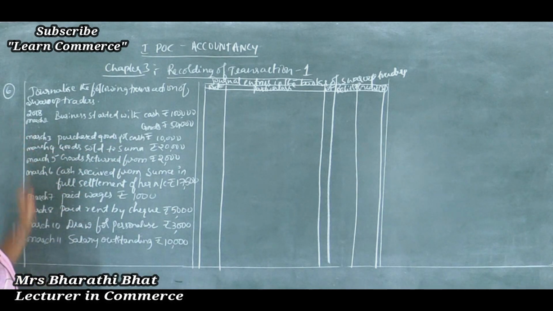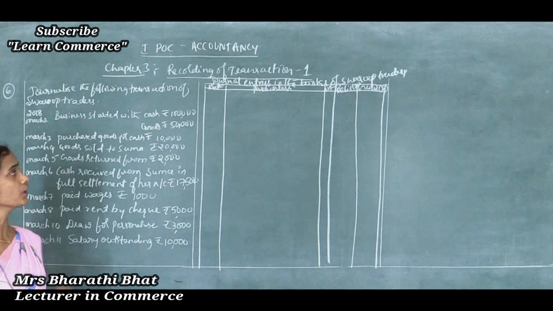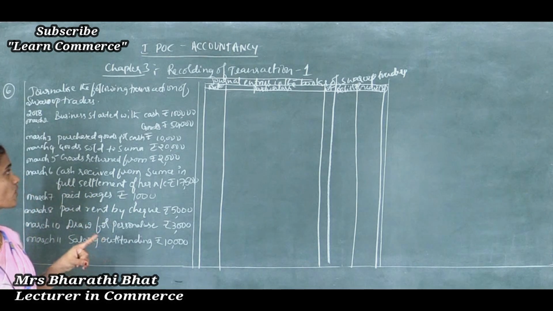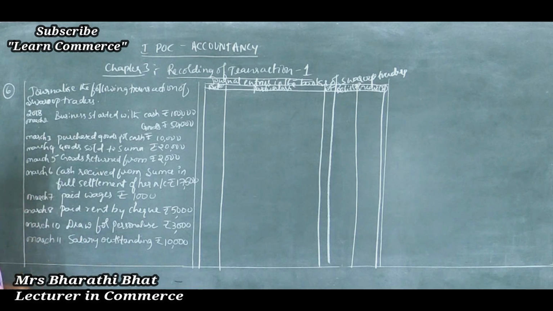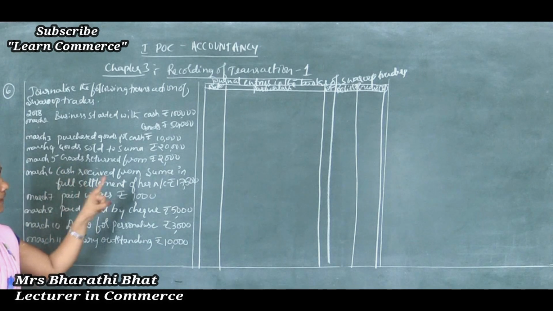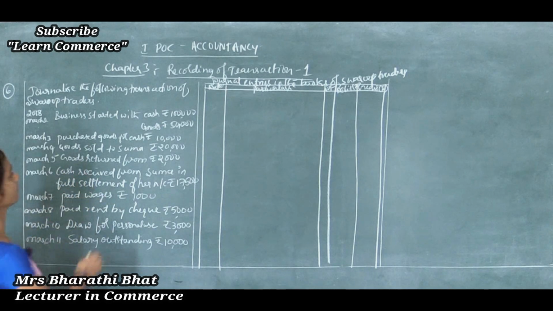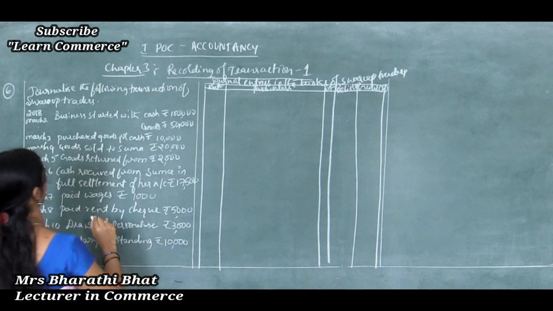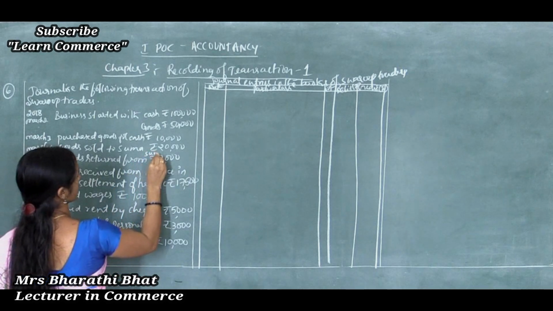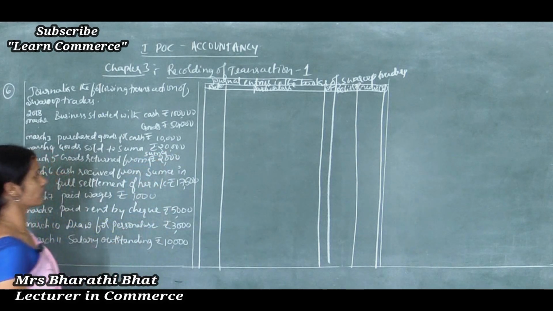Transactions are: 2018 March 2nd, business started with cash rupees 1,50,000. March 3rd, purchased goods for cash rupees 10,000. March 4, goods sold to Suma rupees 20,000. Goods returned from Suma rupees 2,000.